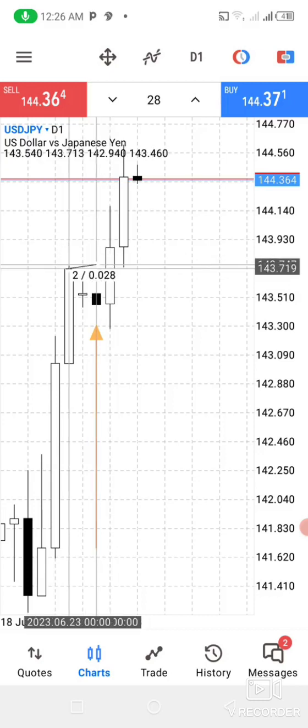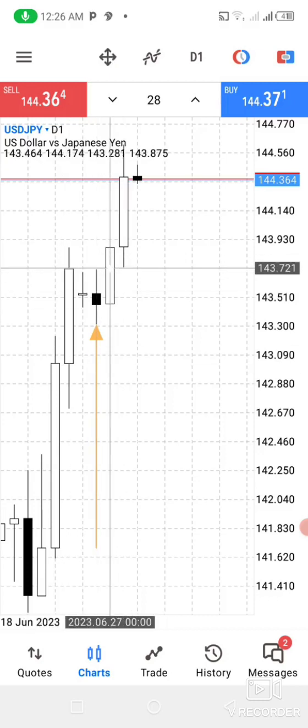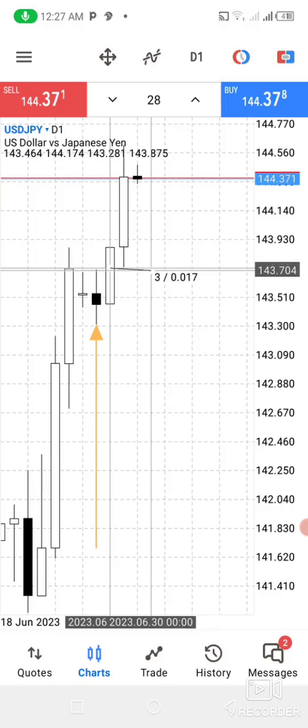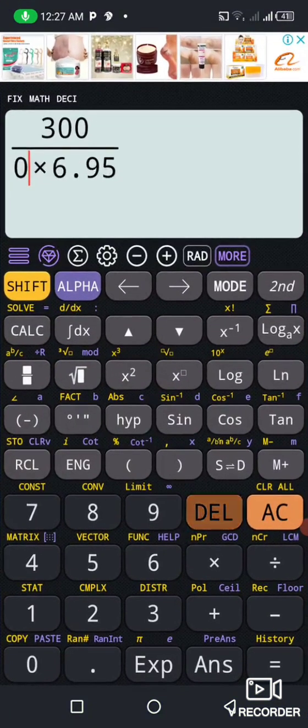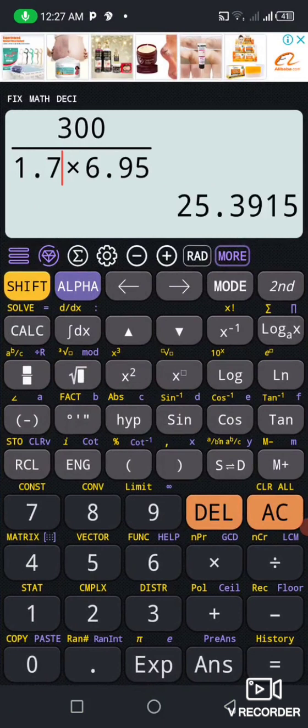So if you are entering here, you can now risk 1.5 pip. Yeah, this is around 1.5 pip, even though it's 1.7, we can tell it's still within the limit of accuracy. So we are now risking 1.7 pip, and you are now using 25 loss size.